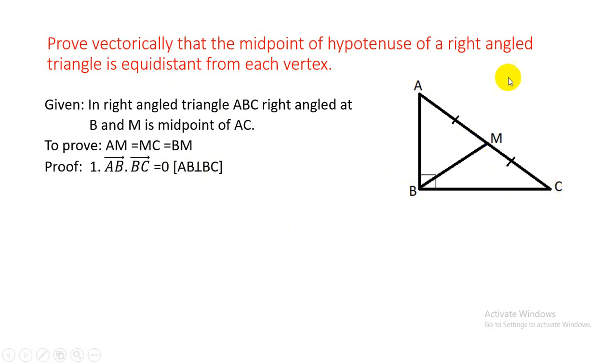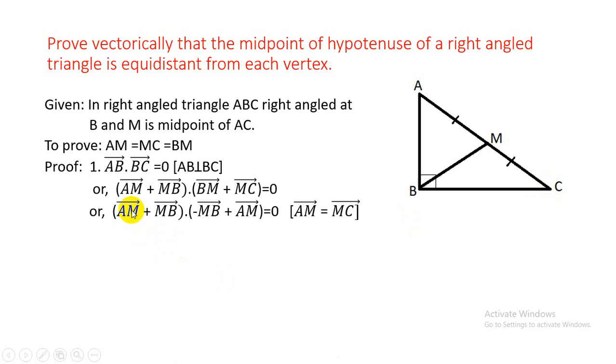Next, AB is equal to AM plus MB by triangle law of vector addition. Similarly BC is equal to BM plus MC, that is equal to 0.